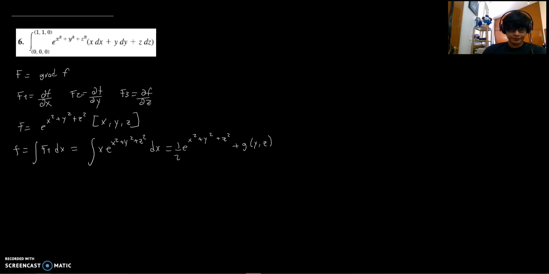Now we can make another guess and say that f will be equal to F2 integrated with respect to y. So we'll have something like this, and the result will be something similar to this one.